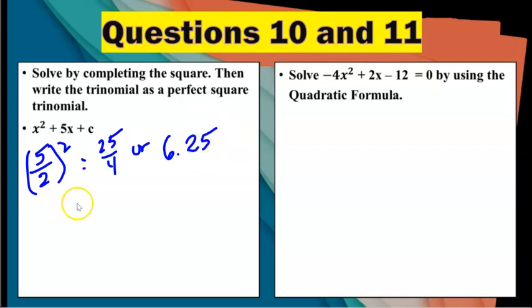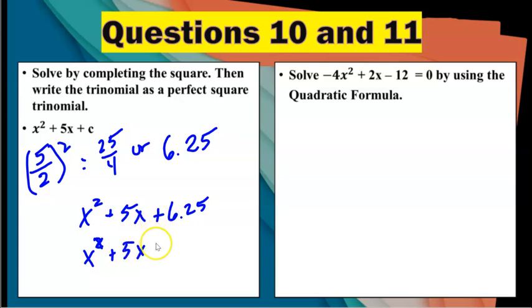So as a perfect square trinomial, you could have x squared plus 5x plus 6.25, or you could do as fractions, x squared plus 5x plus 25/4.